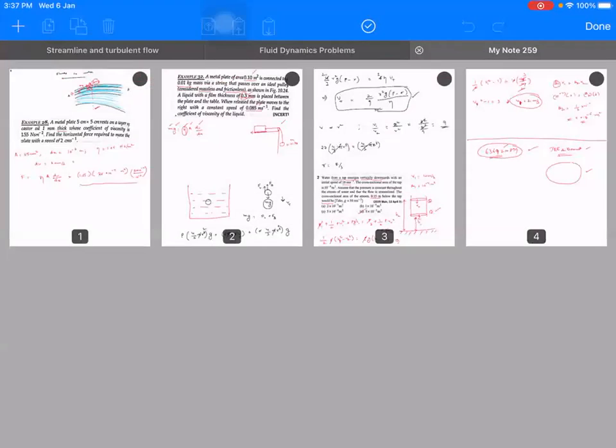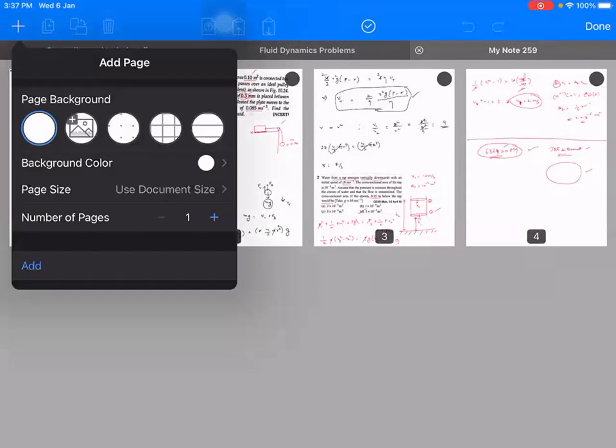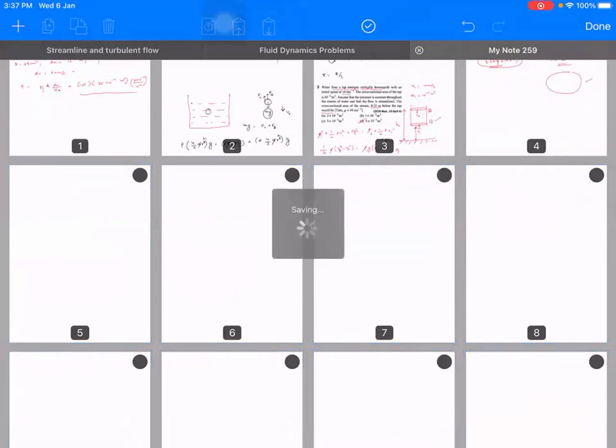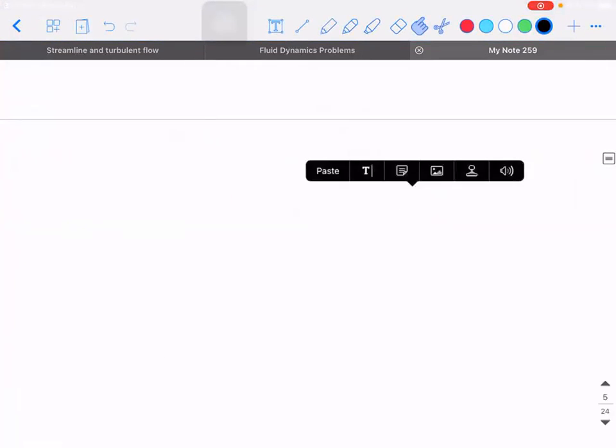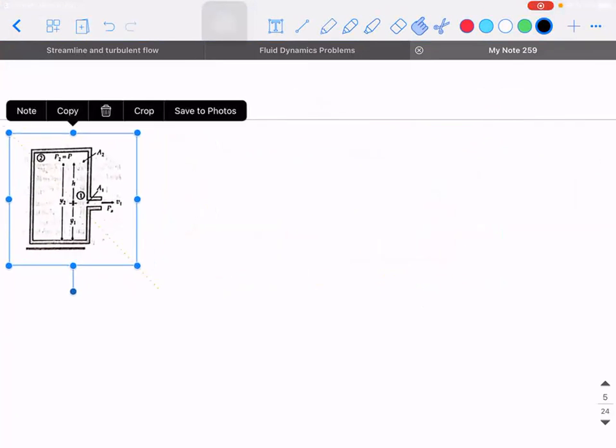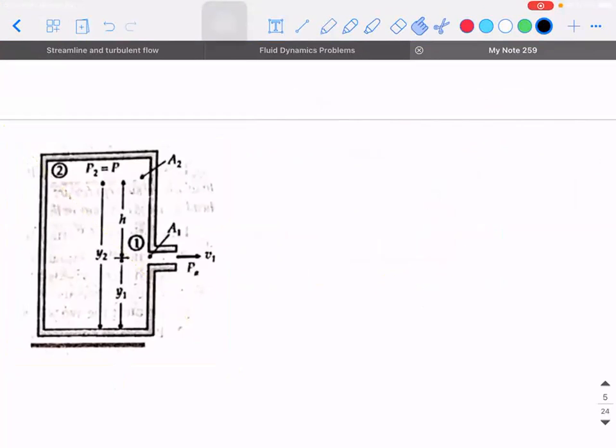If this is given as a problem to you, let's say there is a container inside which there is liquid, filled to this height. Our interest of study is to calculate the velocity with which the liquid is coming out from here. So how do you want me to proceed?